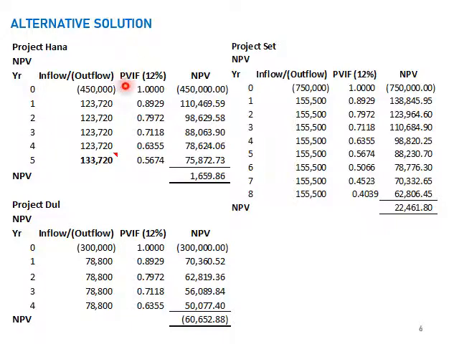Kalau kita guna PVIF untuk 12%, kita akan susun dia macam ni, setahun demi setahun menggunakan PVIF punya rate. Okay, macam ni. Dan bear in mind that year 5 untuk HANA ni dia ada tambahan 10,000 lagi. Okay, yang kat sini. Dia ada 10,000 tambahan. Okay, yang ini I dapat daripada table kita.